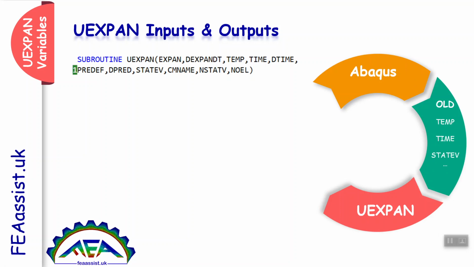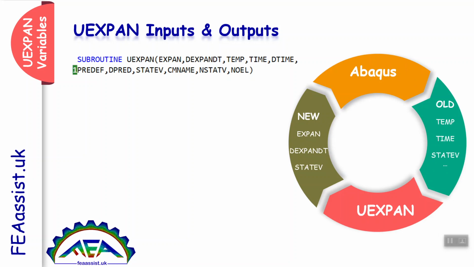We need to use these variables in the UXpan subroutine and define the expansion coefficient and the derivative of the expansion coefficient with respect to time, temperature, state variables, and return these variables to Abaqus. Again, Abaqus uses these variables to recompute temperature, time, state variables. This is how UXpan and Abaqus interact with each other, which is necessary to understand well to write a good UXpan subroutine. For example, one of these variables, xpan.